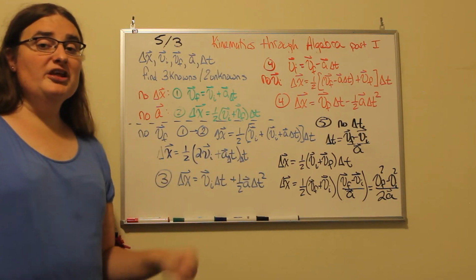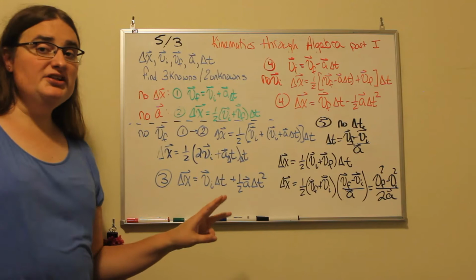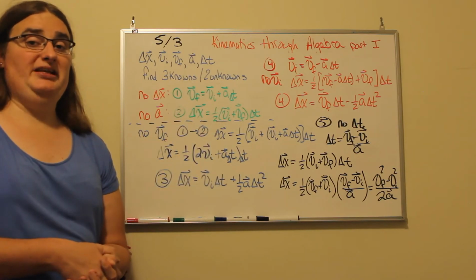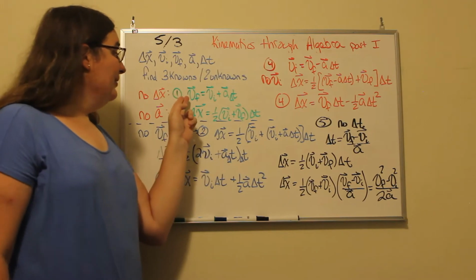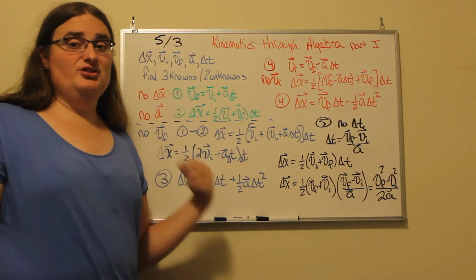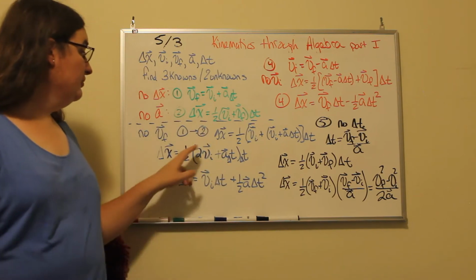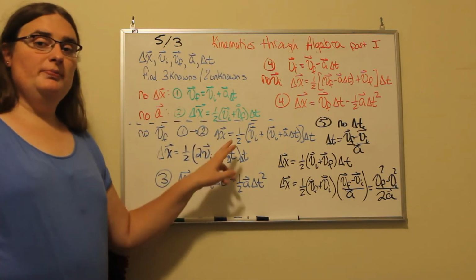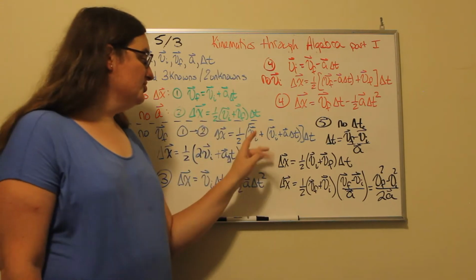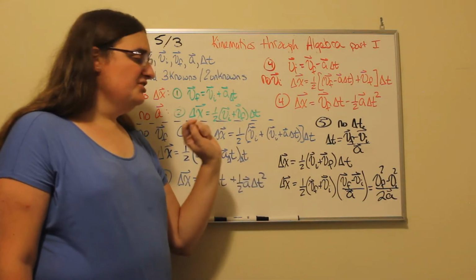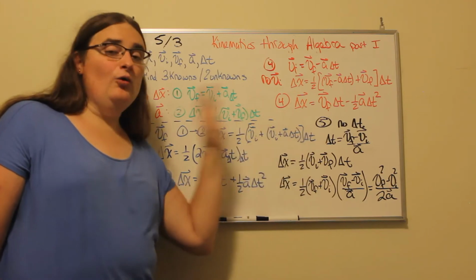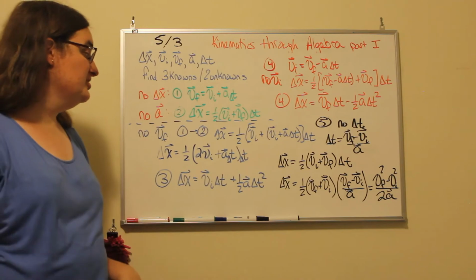So, to figure out the other 3 families of equations, we can take equation 1 and equation 2 and combine them together. Specifically, I'm going to take equation 1 and substitute it directly into equation 2 first. So, that means my displacement would be 1/2 times my initial velocity plus the quantity of my initial velocity plus acceleration times time, and then that quantity gets multiplied by my change in time.